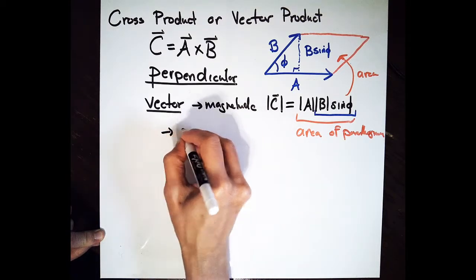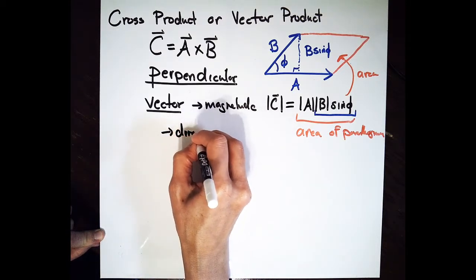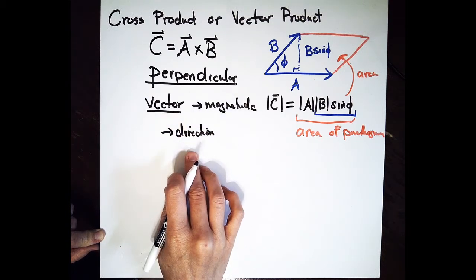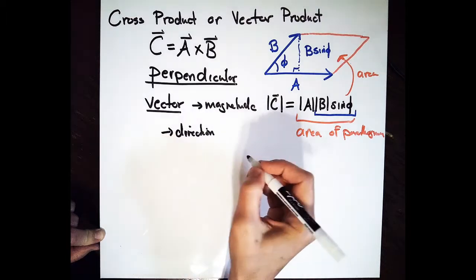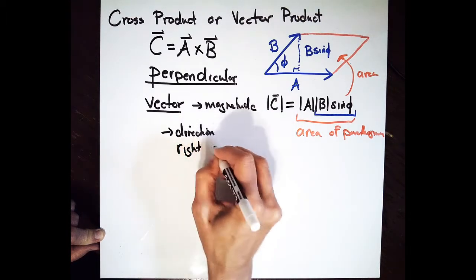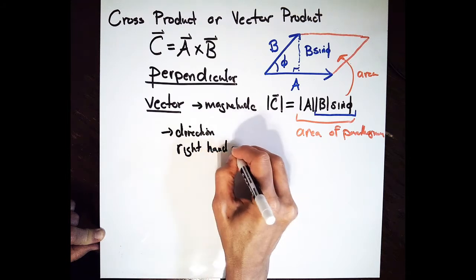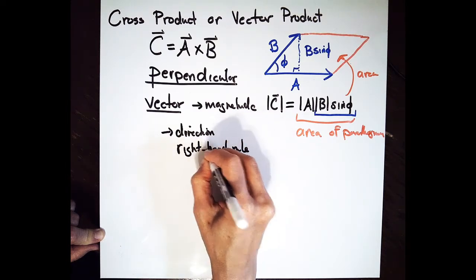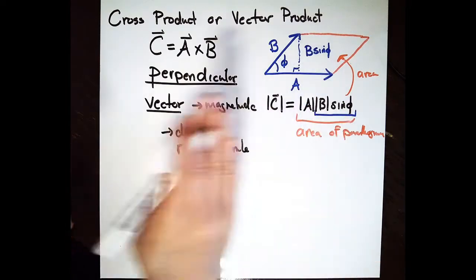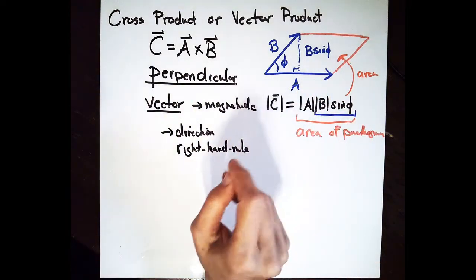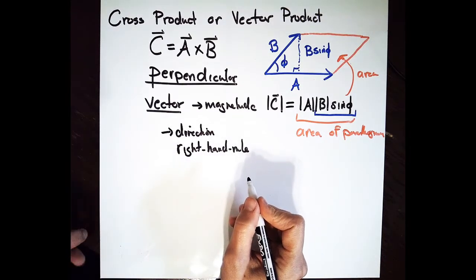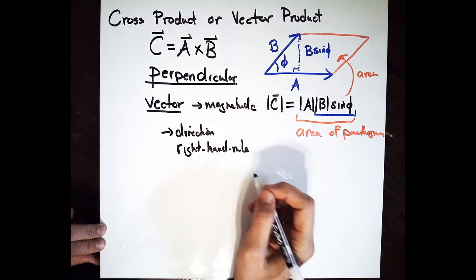All right, so we've got the magnitude. Now let's find the direction. And one way to do this is what is called the right-hand rule. So let me write down how we do that. First thing, you got to do it with your right hand. So if you're right-handed, you're going to have to put your pen down and get your right hand ready. If you're left-handed, congratulations. This is one of the few times that we've set things up just for your benefit.